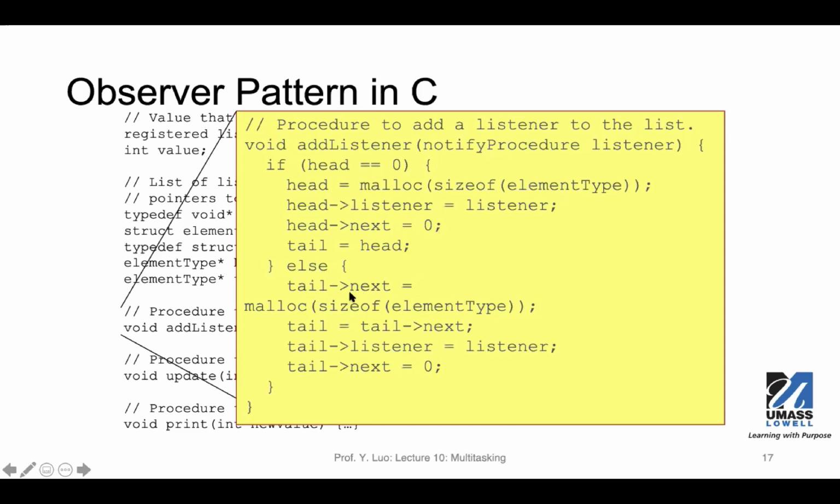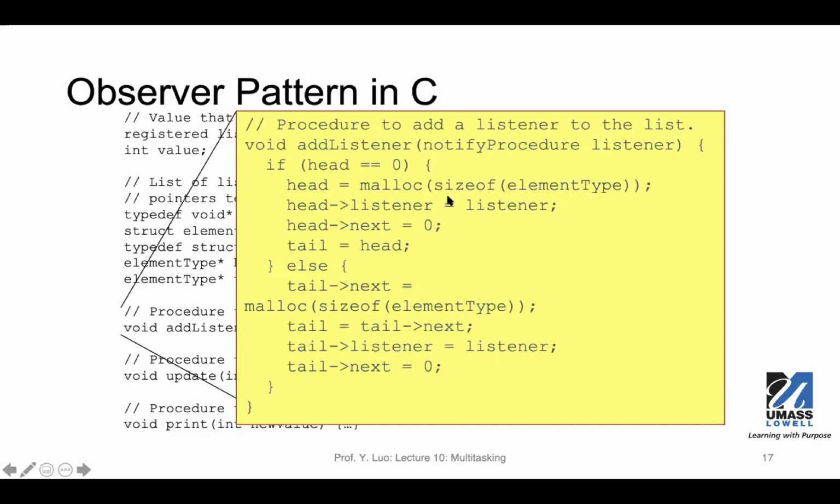And so I'm going to grow that. I'm going to add the newly created node to this tail, and I'm going to move the tail to the new node. So the new node is now the new tail. Then I'm going to put the listener, this function pointer that we pass in, as the listener field of this newly created tail node. And then since this is the last one, the tail next is now a null pointer.